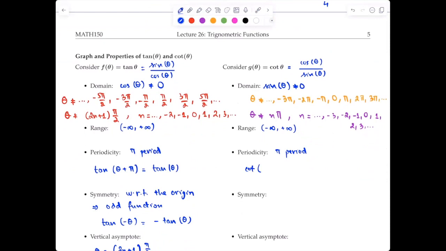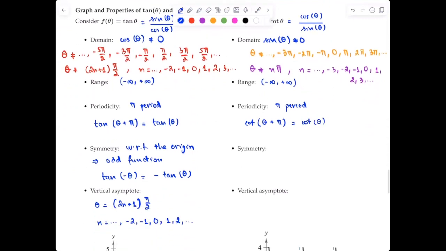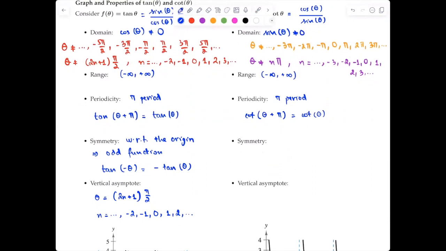And the cotangent can be written as cotangent of theta plus pi equal to cotangent of theta. And it is symmetrical with respect to the origin. Right. So this is an odd function. And cotangent of negative theta is equal to negative cotangent of theta.